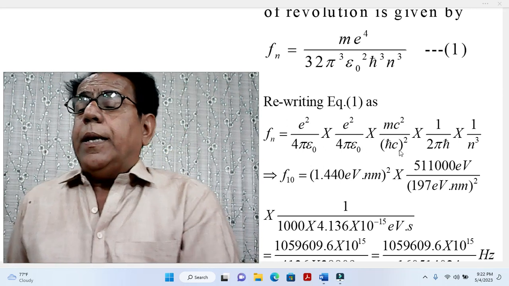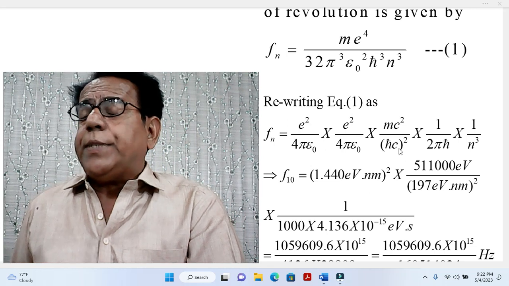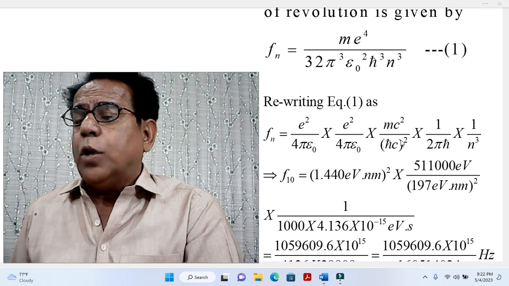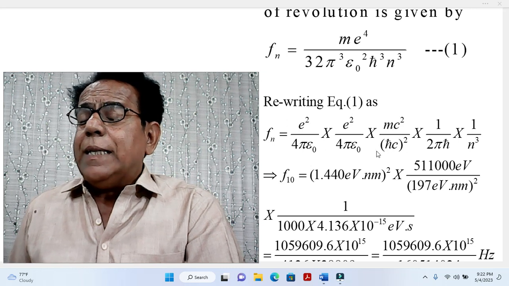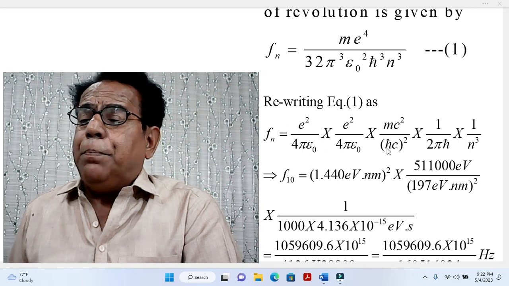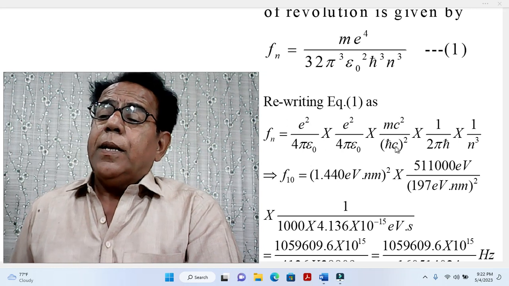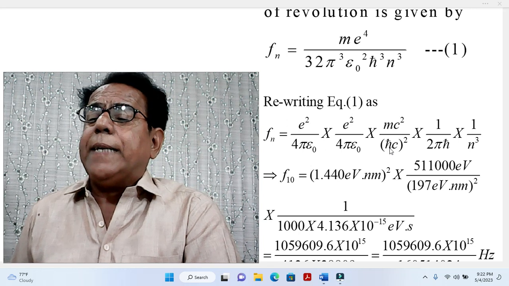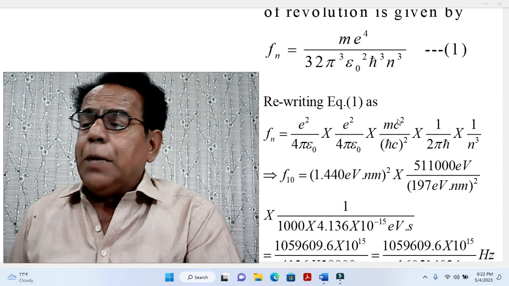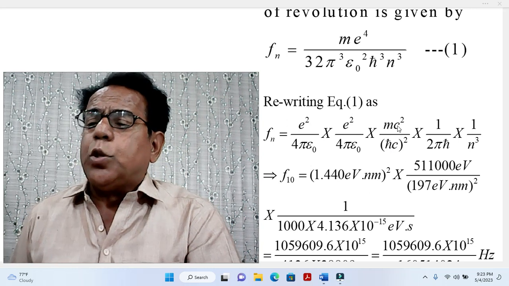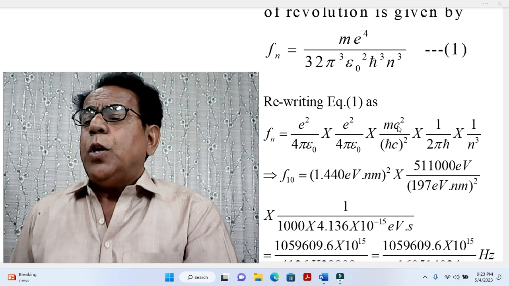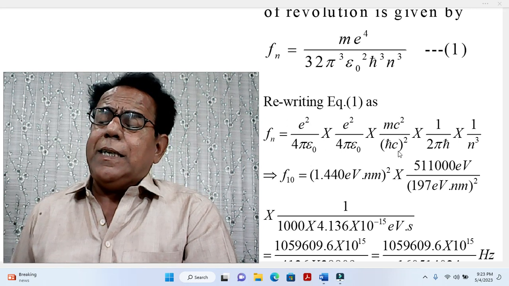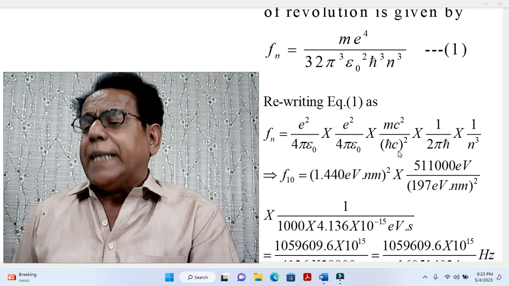Below, c square in combination with h bar becomes this whole square, and the value of this combination, the multiplication of these two constants, is also given in the table as a single value. So we are taking these steps just in order to facilitate our problem.